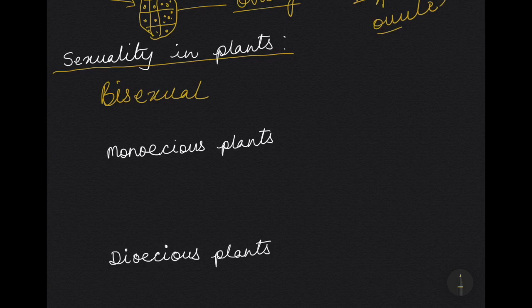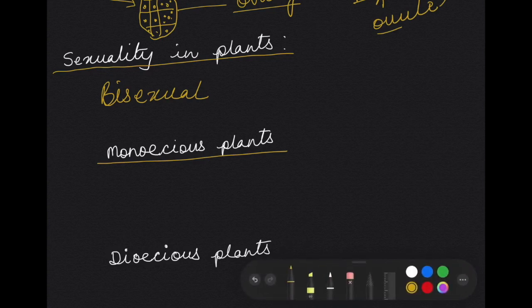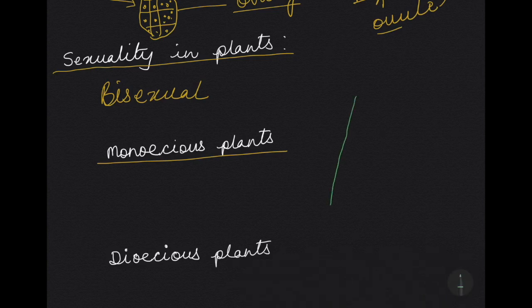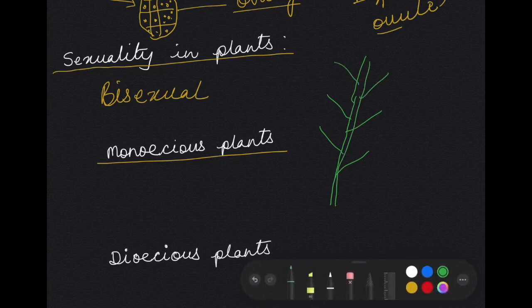The first plant is known as monoecious plants. Okay, mono means one. Okay, so the male and the female flower, they grow in one single plant. So if this is a plant, okay, and then this plant has flowers.